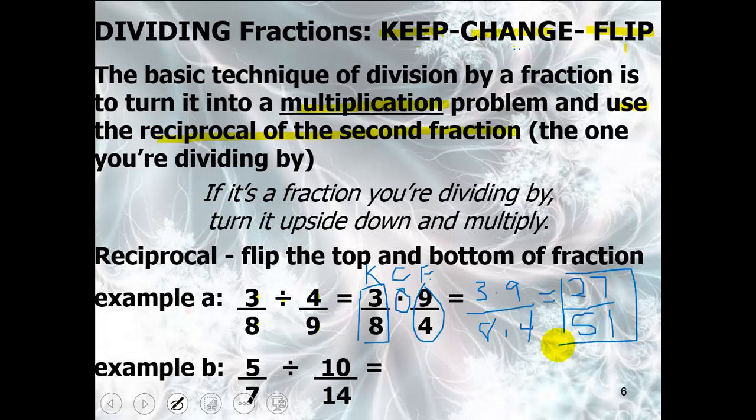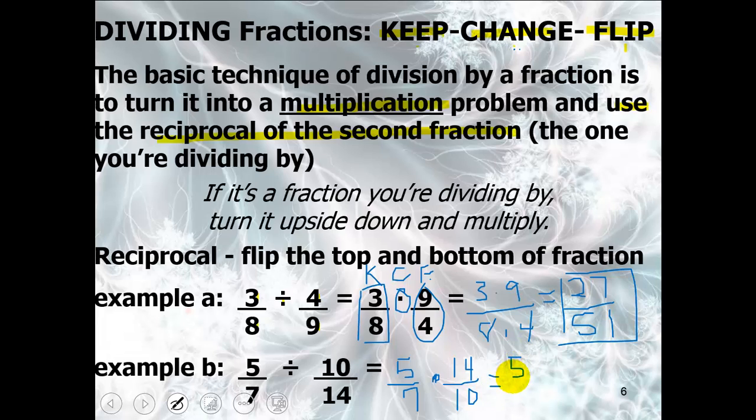Welcome back. I'm going to apply my keep, change, flip to divide 5/7 by 10/14. Keep is 5/7. Change is change division to multiplication. And flip is 14 over 10. When I do that, I'm going to rewrite 14 as 7 times 2.